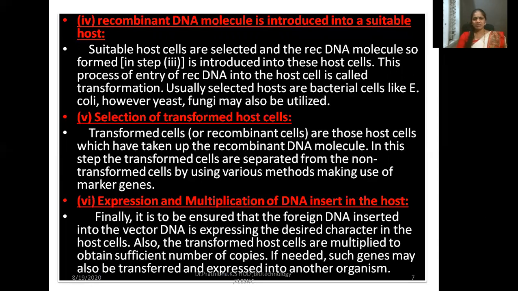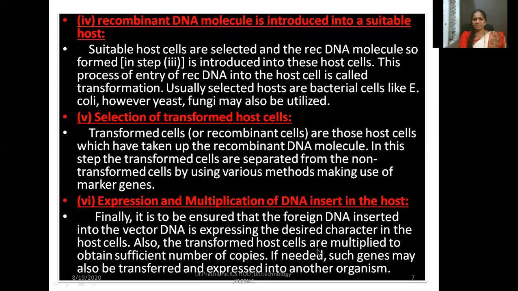Then step 6, expression and multiplication of DNA insert in the host. Here, finally, it is to be ensured that the foreign DNA inserted into the vector DNA is expressing the desired character in the host cells. Also, the transformed host cells are multiplied to obtain a sufficient number of copies.